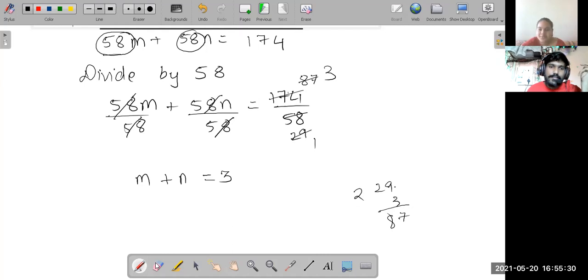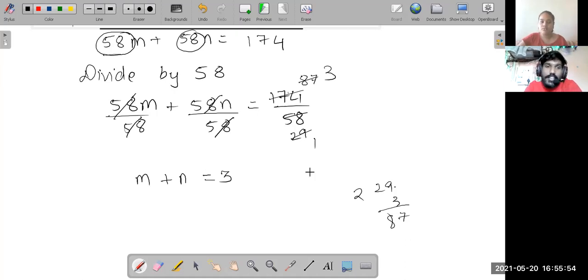Oh, now it's showing me 3. Maybe I did 58 divided by 174. I thought 174 divided by 58. In division it does matter, because if you change your dividend and divisor, the result changes.